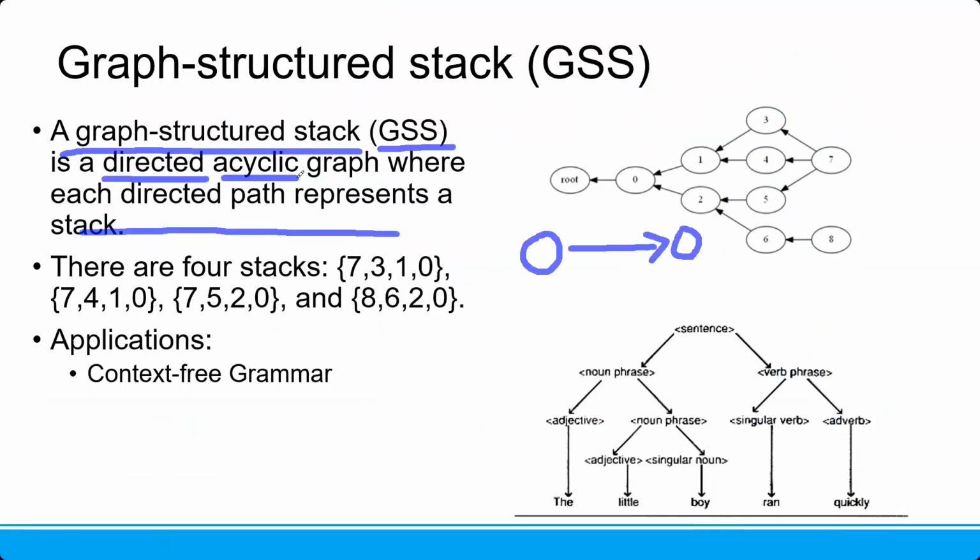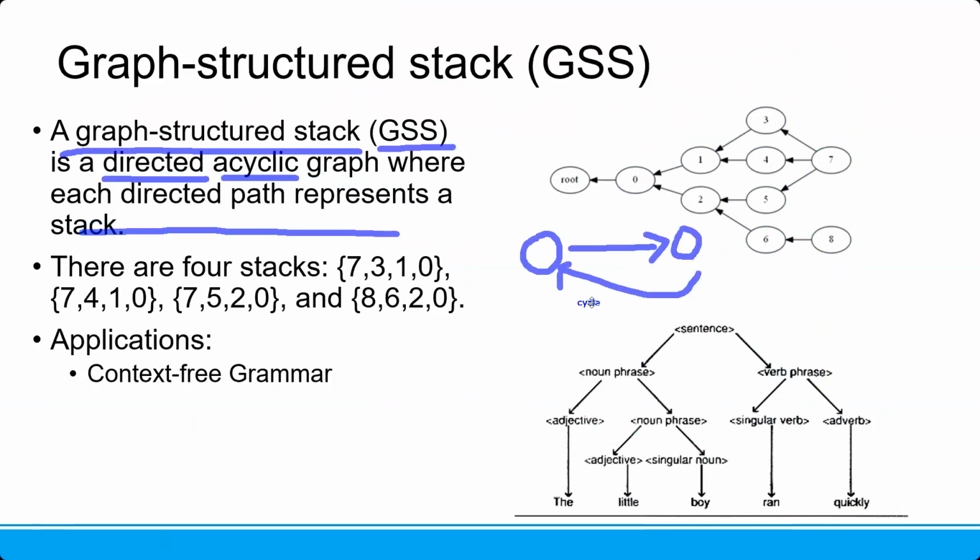Acyclic. We call a graph with a cycle... if there is a cycle like this, then it is just common.